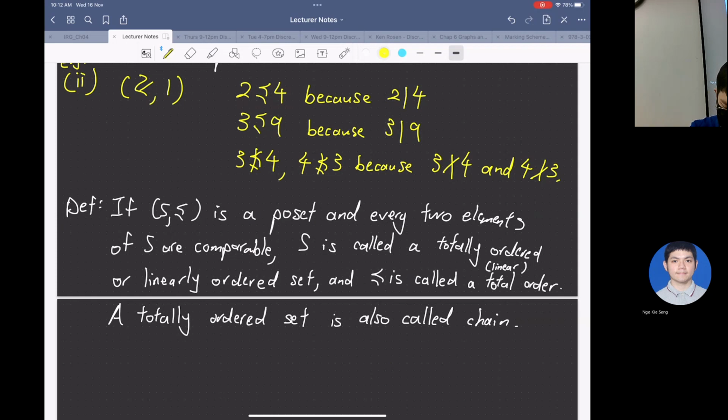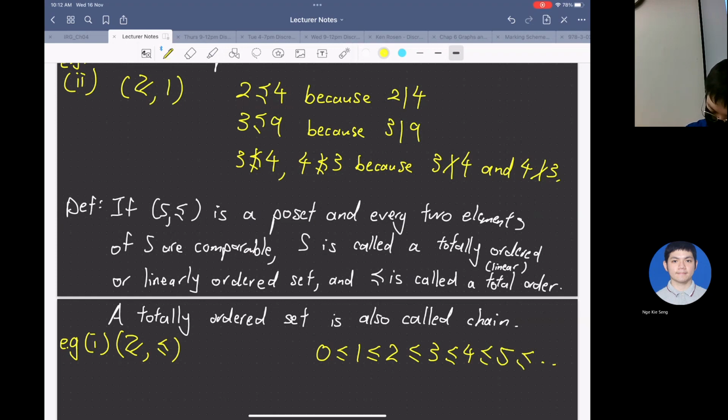So let's see this example: Z with the less than relation. With this less than, you can totally order your elements like this.